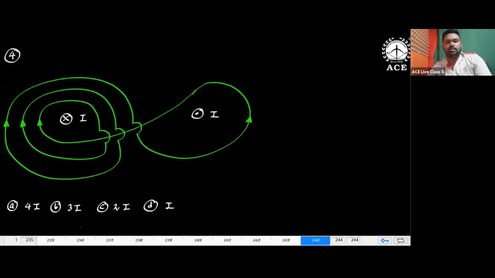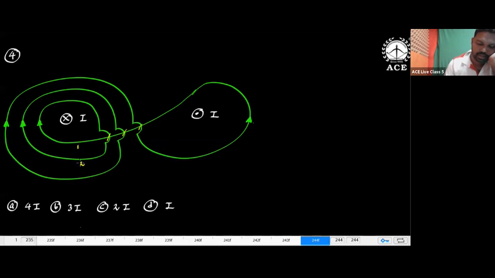Come on, speak out. What is the answer? 4I is the answer, beta. So you can split this one into a total of 4 loops. That's all it is.